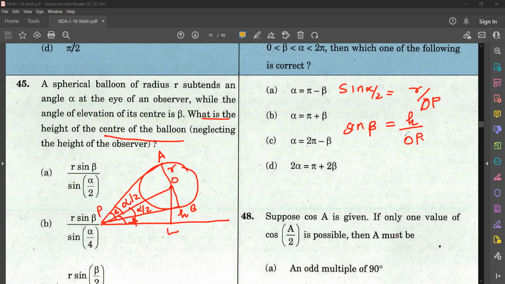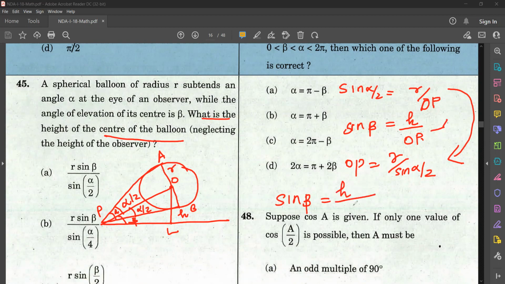So R by OP is there. From the first equation, we can write OP is equal to R by sine alpha by 2. So substitute that in this equation: sine beta is equal to H by OP, and OP is R by sine alpha by 2.